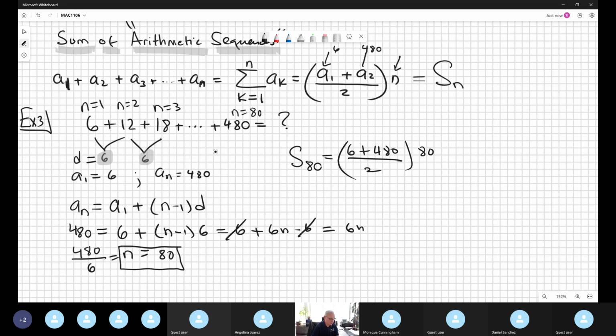Well, this is calculator. 480 plus 6 divided by 2 is 243. Multiplied by 80 is, let me copy it down, 19,440. This is just calculator.